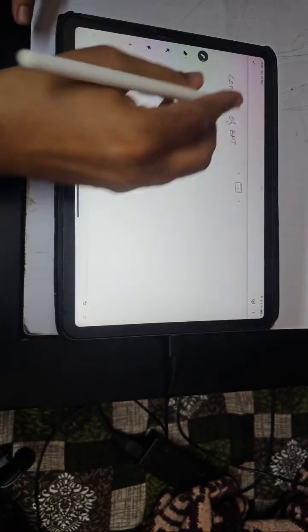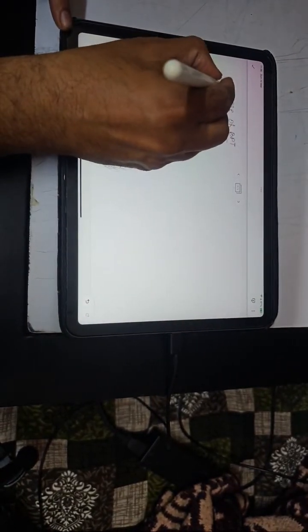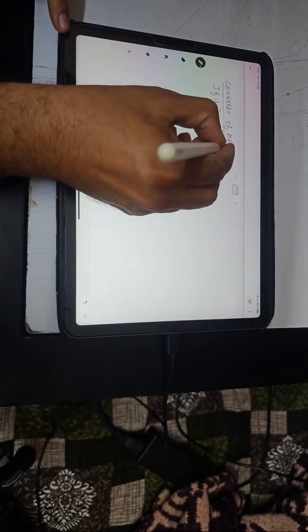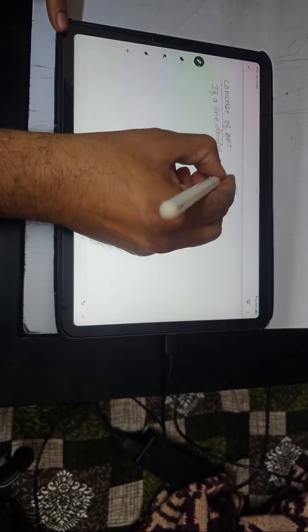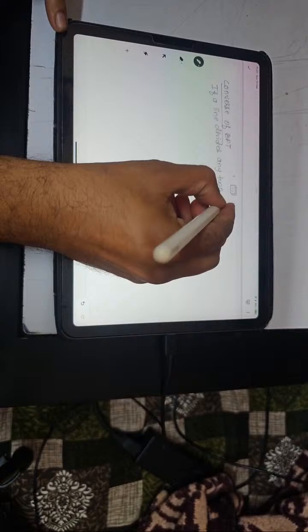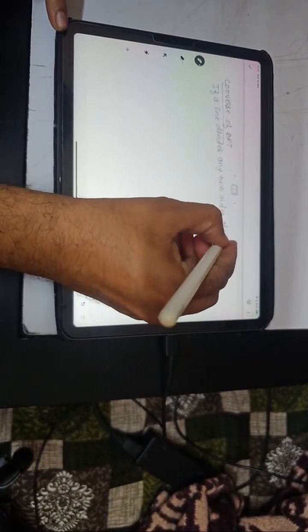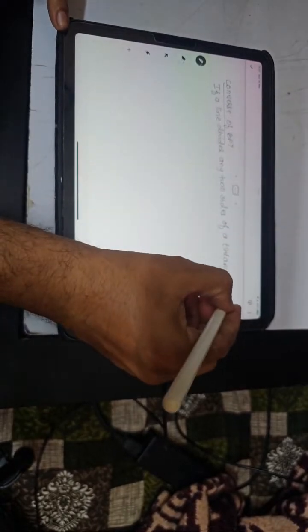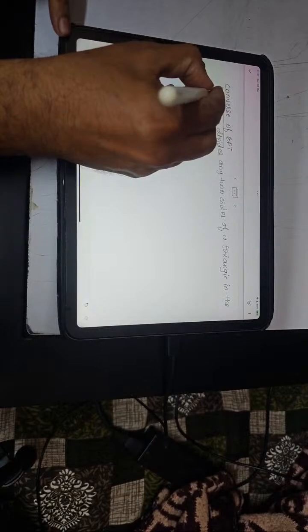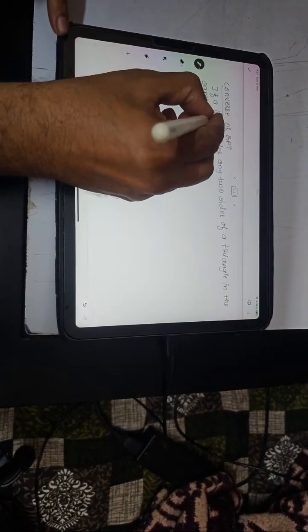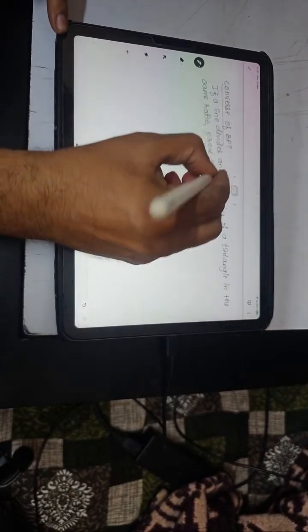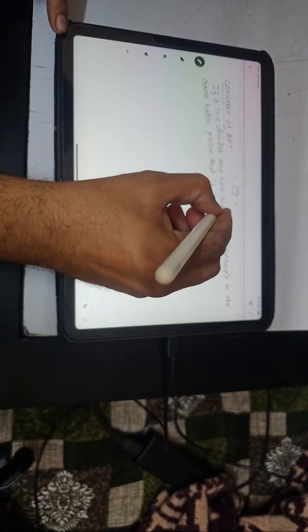Okay, see, it says, if a line divides any two sides of a triangle in the same ratio, prove that it is parallel to the third side.